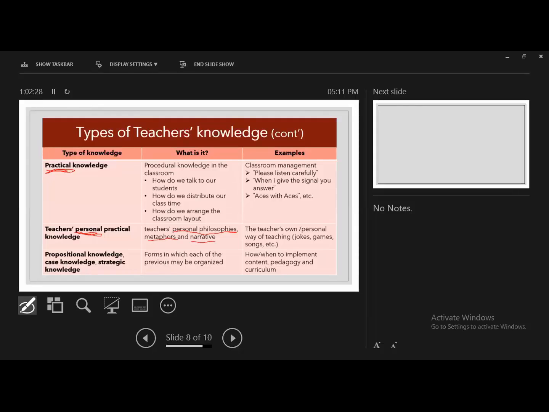Pretty much when teacher Magnolia starts telling you all her stories about her life, what happened to me here and then, and one day, and it turned out that I was... that is, it's the teacher's own personal way of teaching. Jokes, games, songs, your narrative, your personal stories you share with your audience.